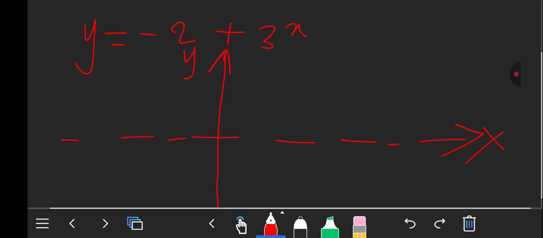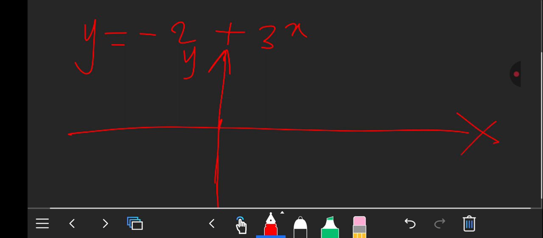Now this one, as you can see, has been shifted downward. The asymptote, instead of passing on y is equal to 0, which is the x-axis, has been shifted downward. So this won't be the asymptote. Rather, this will remain as the x-axis, and the asymptote will now be y is equal to negative 2.